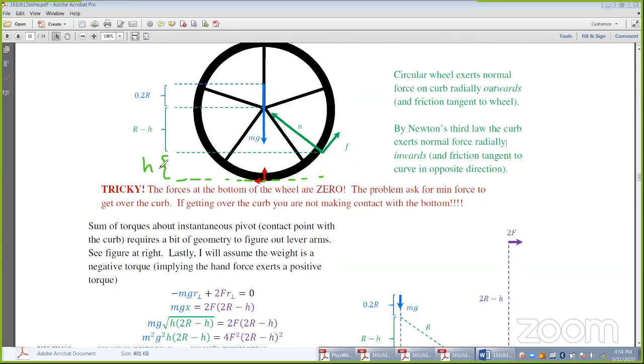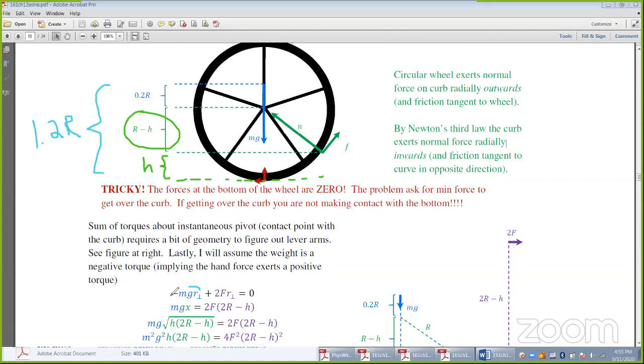All right, so that's why this distance right here is r minus h. And then we were told in the problem somewhere that this distance was 1.2 r in the problem statement. So if you're wondering where I got these dimensions, that's how I got them.